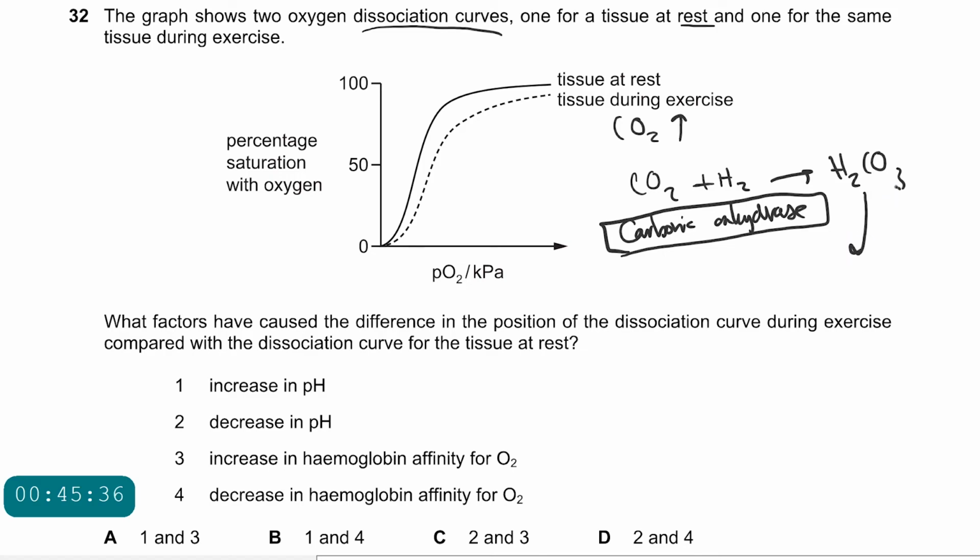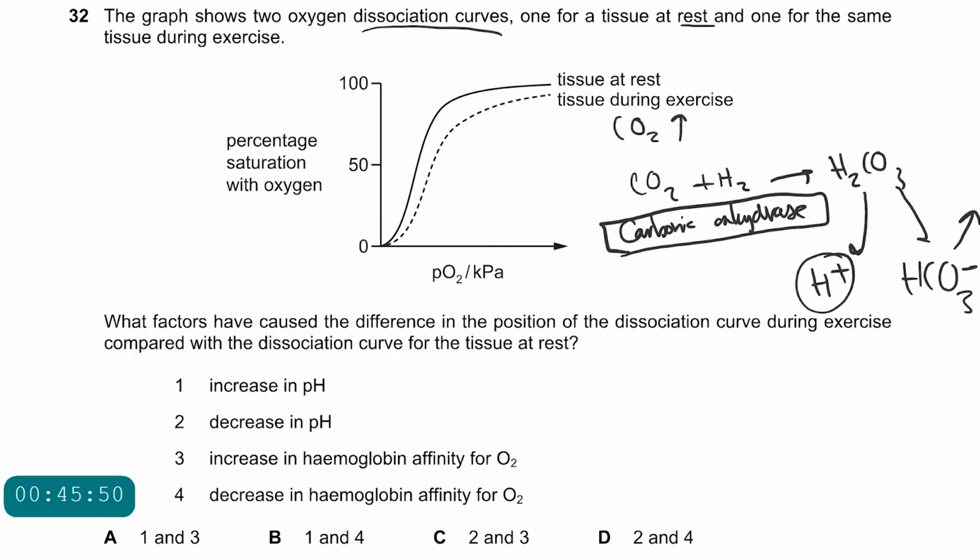Therefore, this carbonic acid dissociates into H+ ions, which stay inside the red blood cell, and HCO3- ions, which actually leave the red blood cell. Therefore, number 1, an increase in pH. This is incorrect because an increased number of H+ ions means a decrease in pH. So the second point is correct.